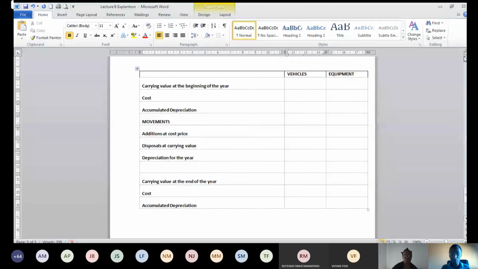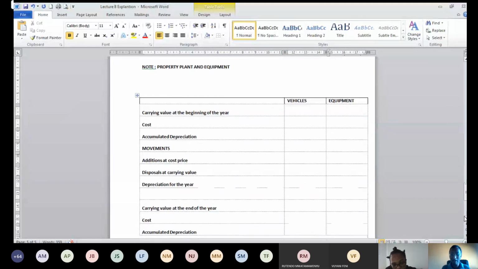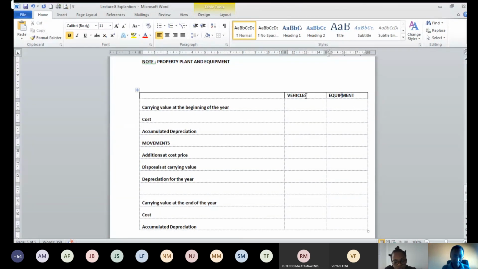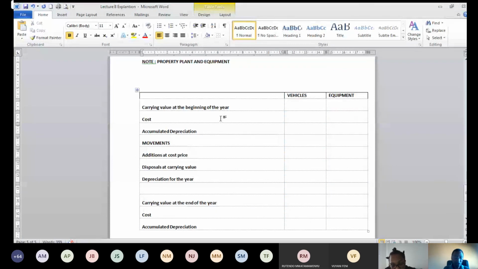In the note for property, plant, and equipment, guys, you will have a column for each of your non-current assets: a column for land and buildings, a column for equipment, a column for vehicles. But in our example now, we are only going to work with the vehicle account, so all the information on vehicles you will indicate in that column. This note consists of 3 sections.